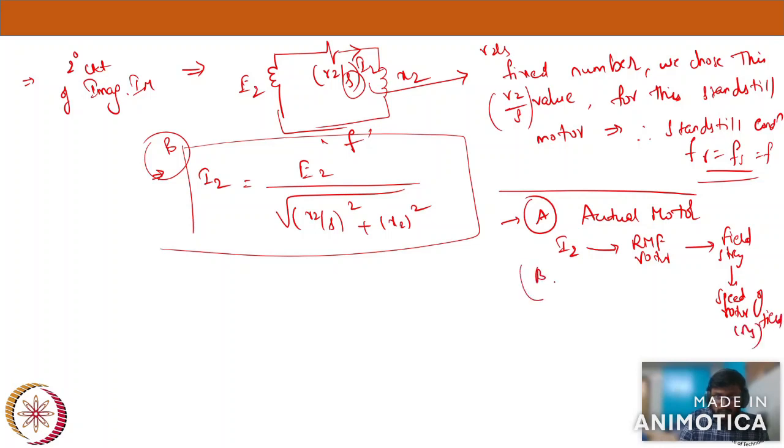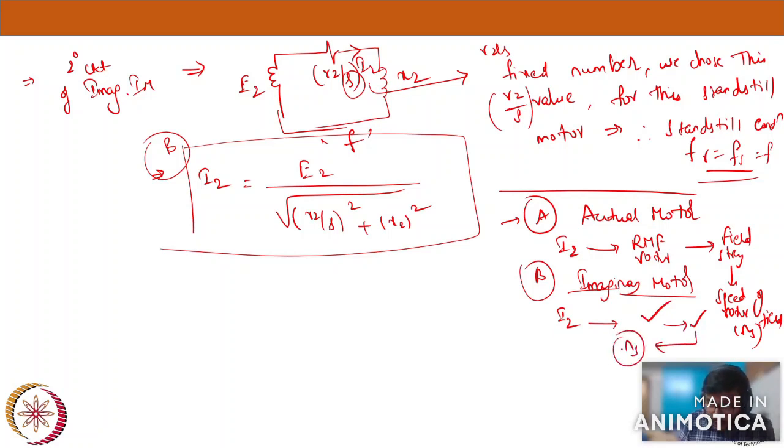And if you see the imaginary motor, the same chain reaction will be there. Because of I2, the same RMF is produced, the strength of the field will remain the same, and the speed of my rotor field will also be Ns. In both cases, the speed of my rotor field is Ns only.